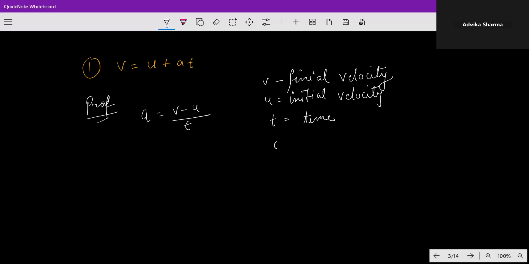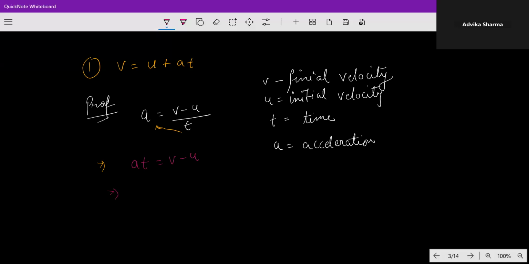and a is the acceleration, right? Yes. If we multiply a with t, the equation becomes at equals v minus u.